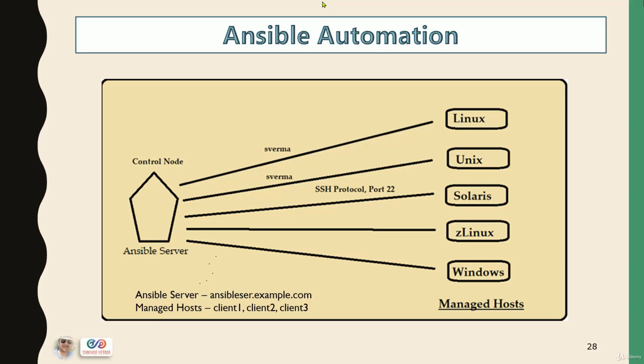After that you have to set up a passwordless authentication for user as Verma from the Ansible server to all your clients. It means that if I'm sitting on the Ansible server as user as Verma, when I'm trying to log into client 1 or client 2 or client 3, it should not ask for any password.